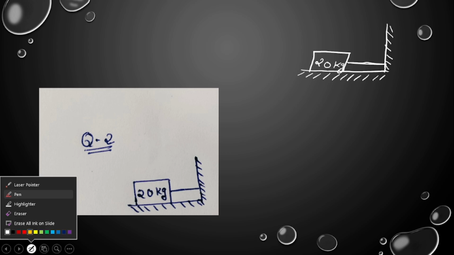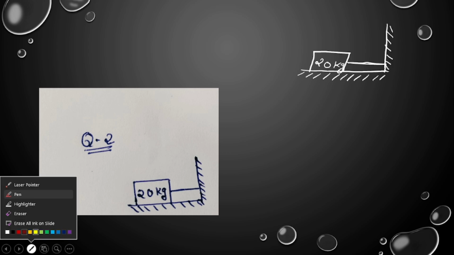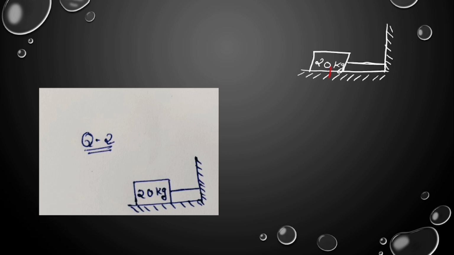Now let us draw the FBD. The forces acting on the block: mg, normal, and the tension.